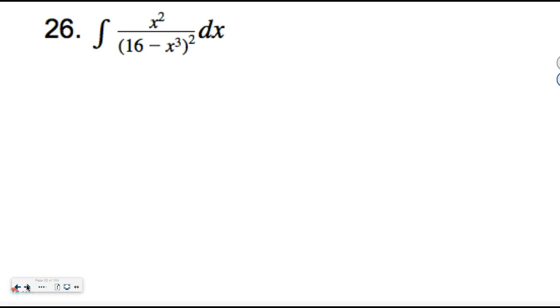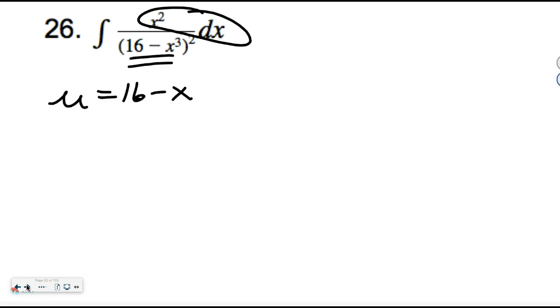But remember, for U-sub, we immediately locate the inside function, we take its derivative, and we hope it's the rest of it or a multiple of the rest of it. So I want you to understand why this is U-sub worthy. When I let U equal that inside function, and I take its derivative with respect to x, I don't get the entire integrand, but I get enough where I can fix it.